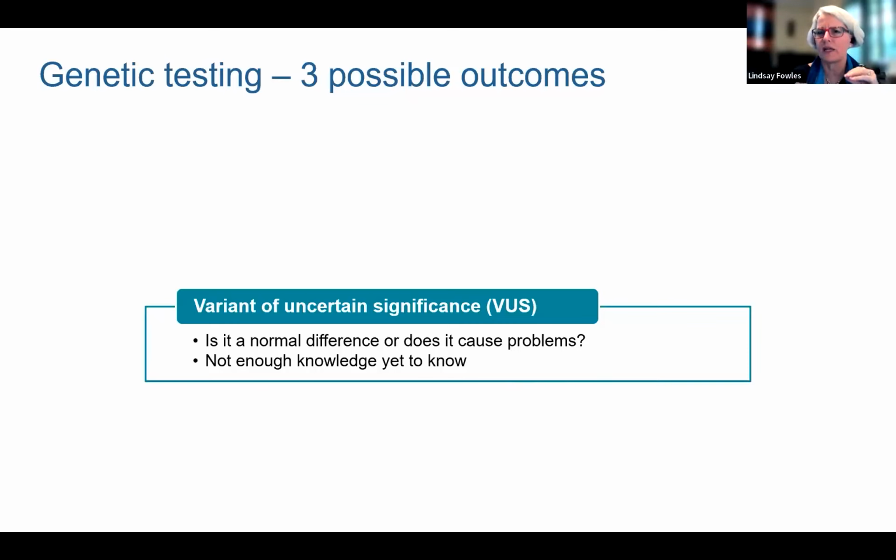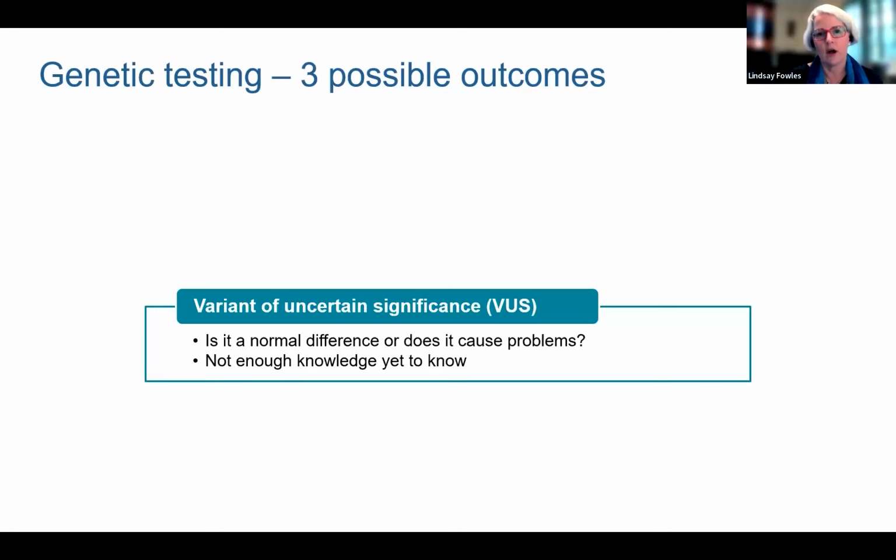So there is a huge range of totally normal differences in those 20,000 genes. Now, sometimes when we do genetic testing, we find one of those differences, and it's one we haven't seen before, and so we know it's a difference, a variant. We don't know what it means.